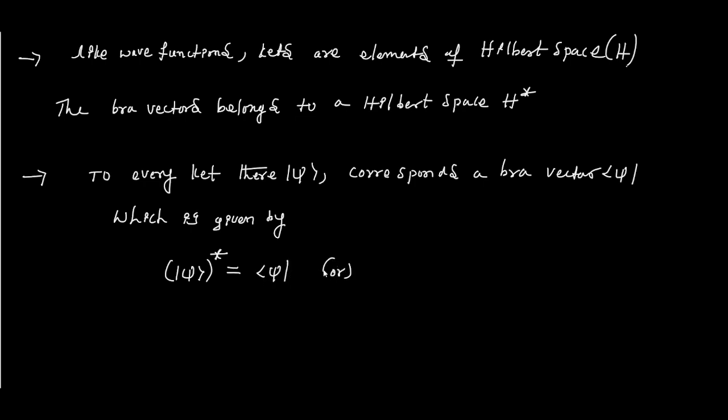A ket vector is there. If I give some complex conjugate, A complex, this ket vector is turned into the bra vector.